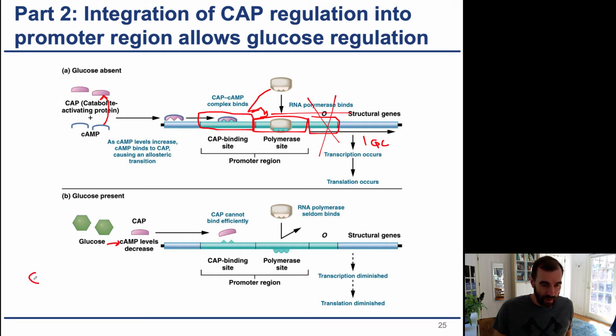Just remember that glucose has an inhibitory effect on cyclic AMP. So if there's no glucose, then cyclic AMP levels are high and CAP is bound to this region. If glucose levels are high, it decreases cAMP levels, and so CAP cannot bind as efficiently.